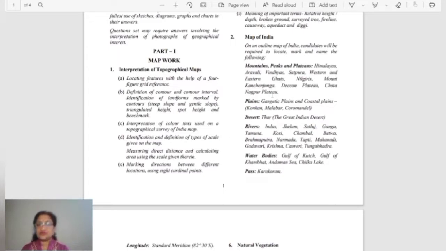And then come to the next. You can see here all the names of mountains which you have to mark in the outline map of India: Himalayas, Aravalis, Vindhyas, Satpura, Western and Eastern Ghats, Nilgiris, Mount Kanchenjunga, Deccan Plateau, Chota Nagpur Plateau.